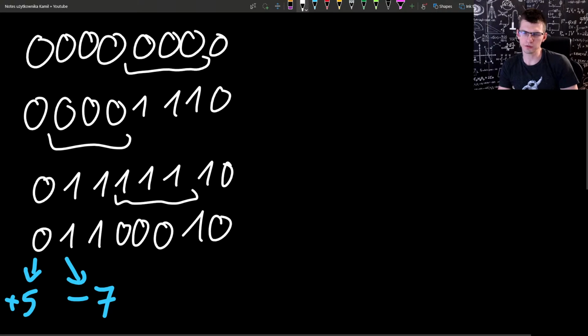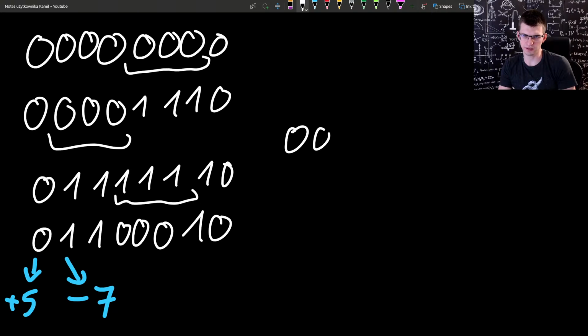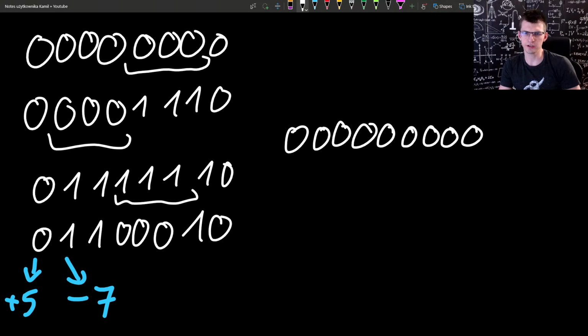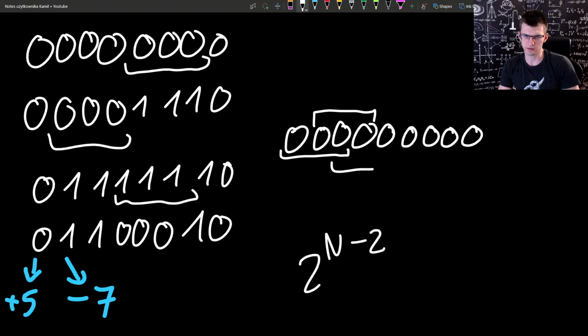If I was allowed to flip any 3 consecutive bits, then the order of operations wouldn't matter and I would have that many possibilities, because that's the number of positions from which I can start. Like this, that, and that.